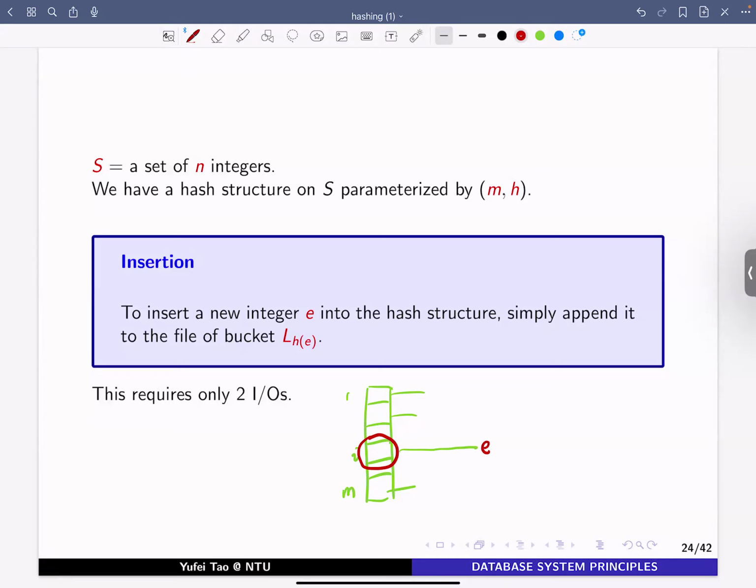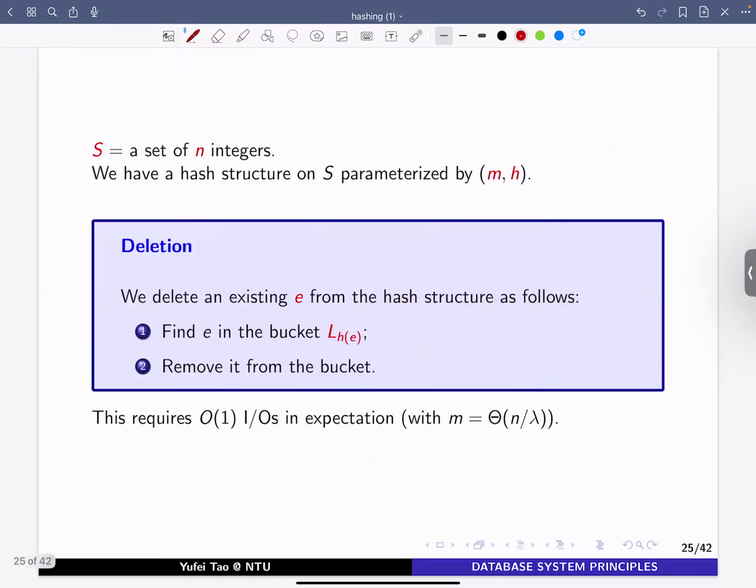On the other hand, if you want to delete an element, what do you have to do? Well, first of all, you calculate the hash value of this element. Let's just say that the hash value is i. I'm so sorry, I was tired, so let me do this again. You got this hash table.